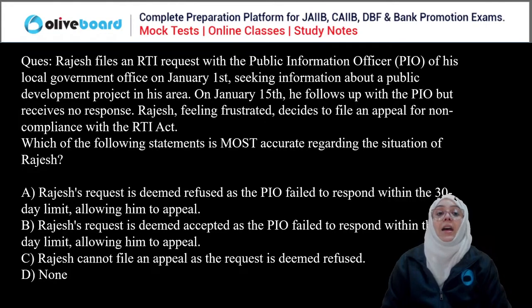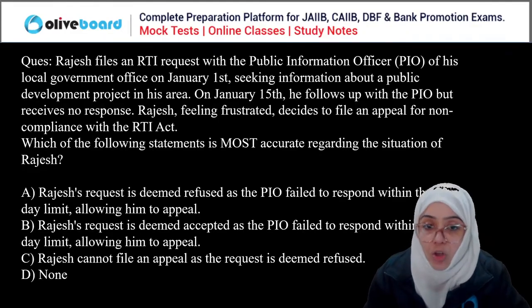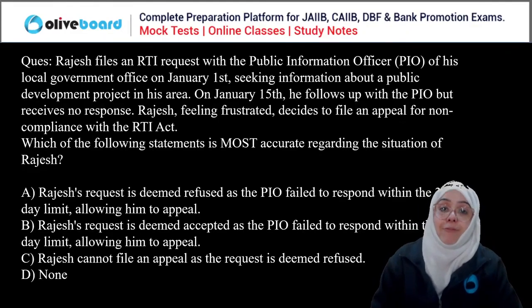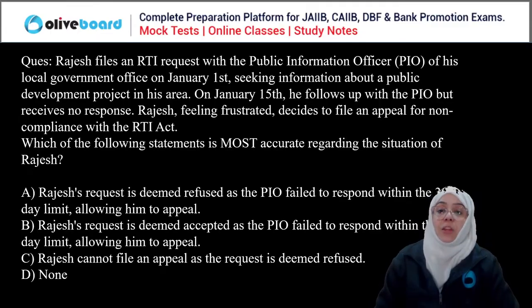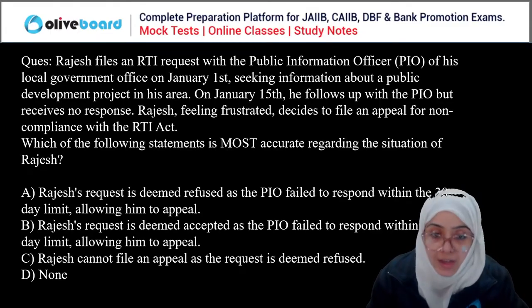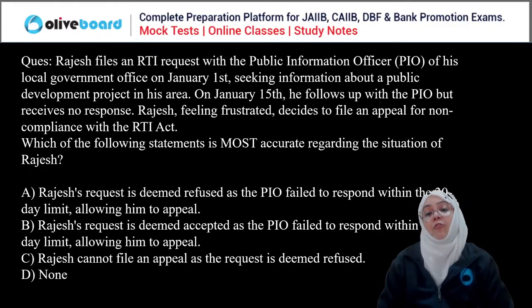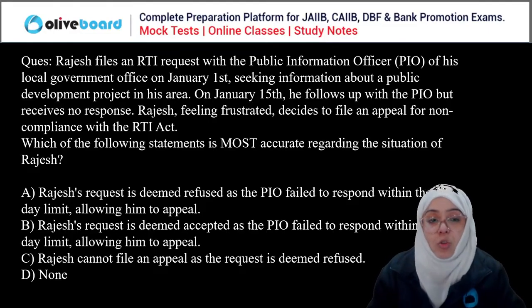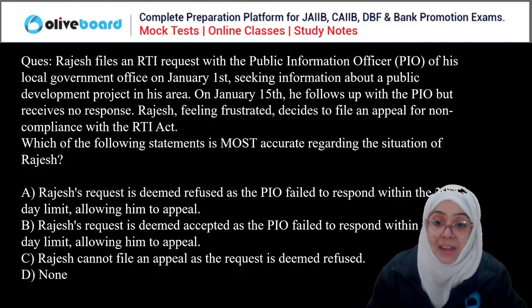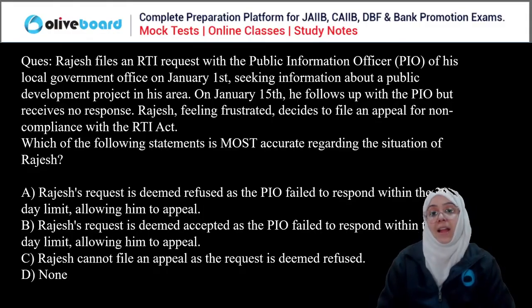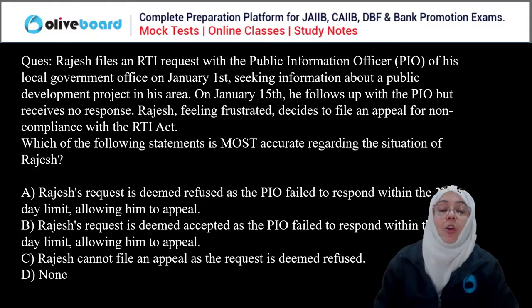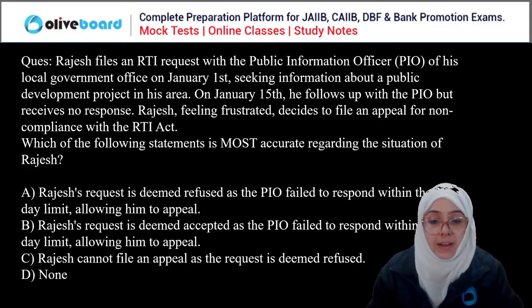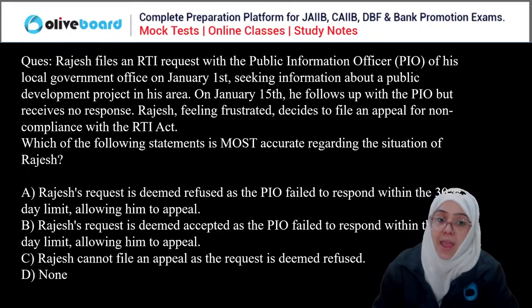Rajesh files an RTI request with the Public Information Officer of his local government office on January 1st, seeking information about a public development project in his area. On January 15th, he follows up with the PIO but receives no response. Rajesh, feeling frustrated, decides to file an appeal for the non-compliance of the RTI Act, the Right to Information Act.